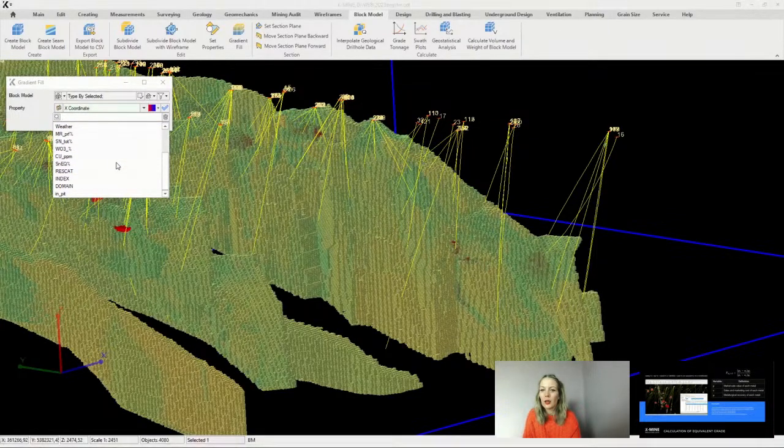So now we visualize the resource categories and calculate volumes, tonnage, and average content of the ore.